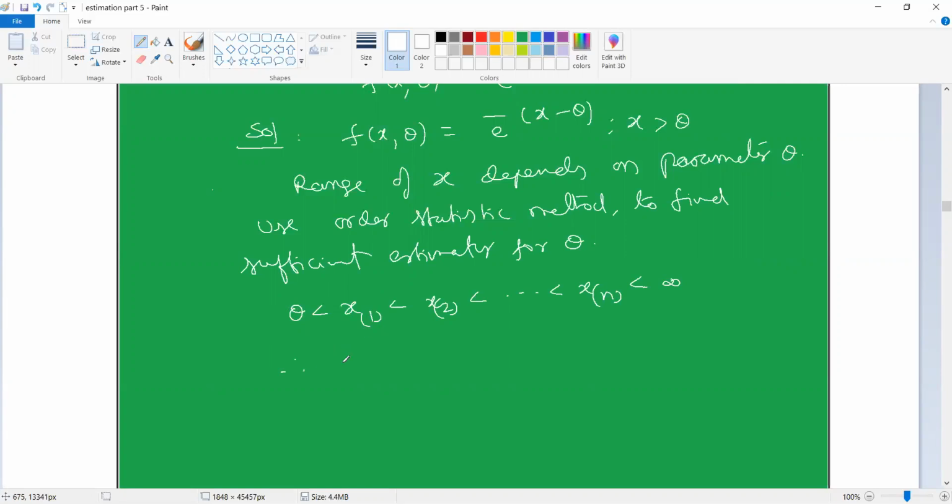Therefore, the sufficient estimator for theta is x1 order. Here theta is on the left side of x.